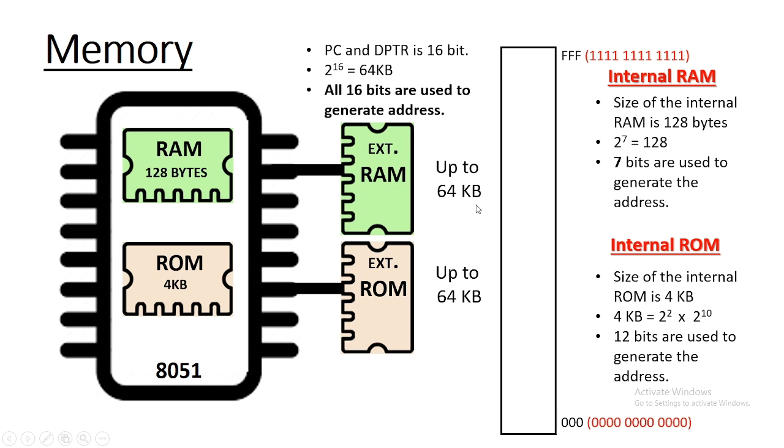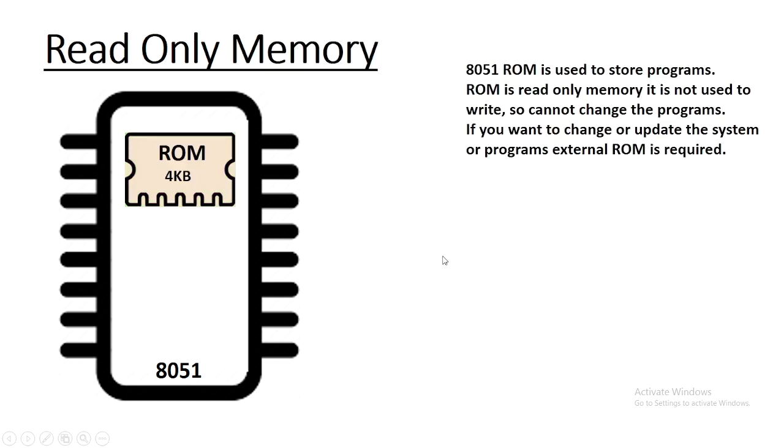So using 16 bits you can address locations of external RAM and ROM. So this is the address range for external RAM and ROM when we are using 16 bits.